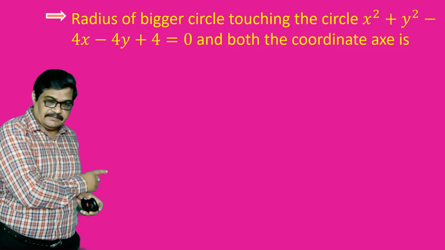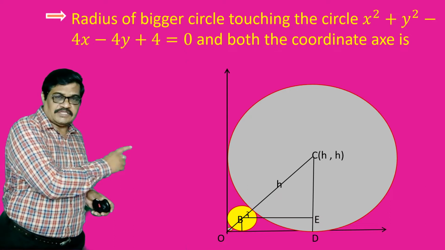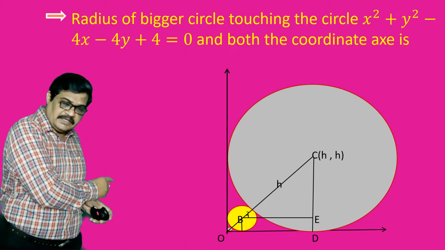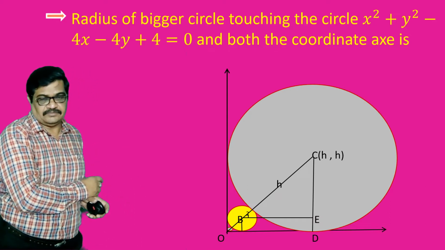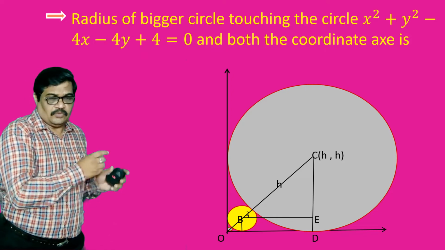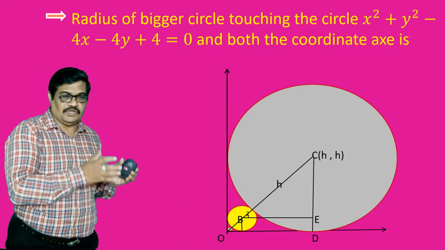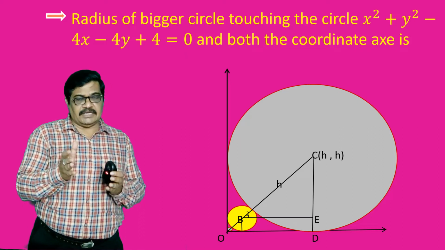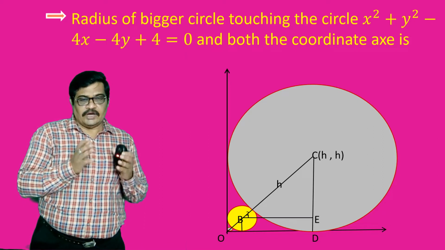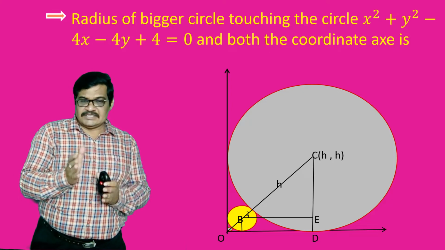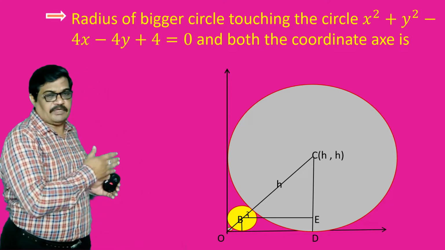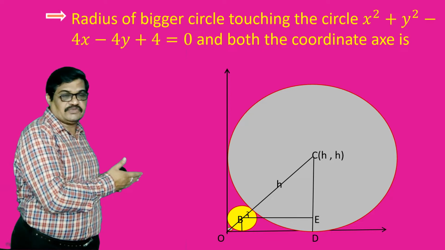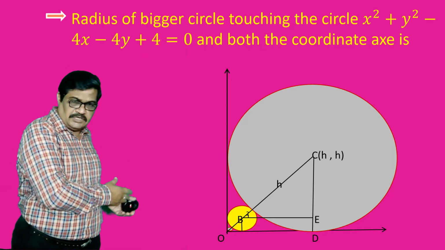See in this diagram, one is a bigger circle and another is a smaller circle. So we have to find the radius of the bigger circle that touches the given circle x² + y² − 4x − 4y + 4 = 0.